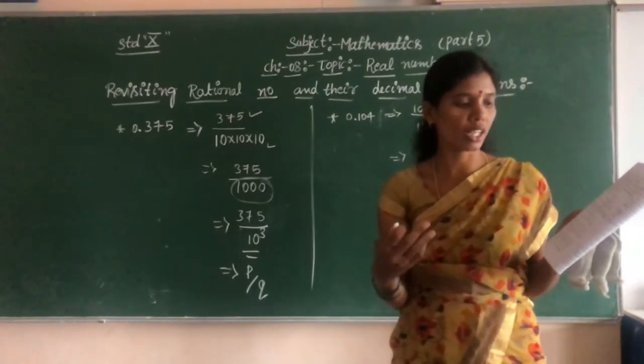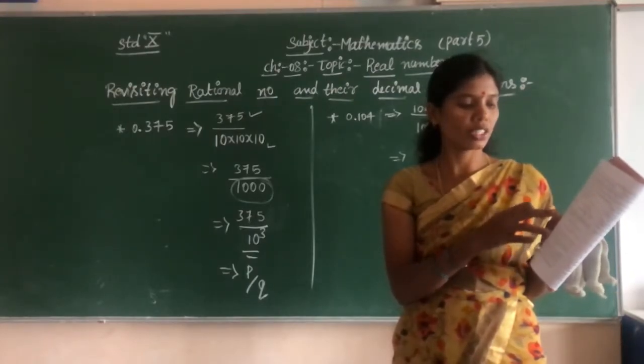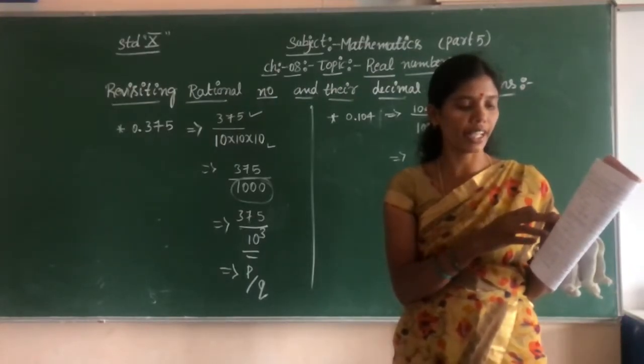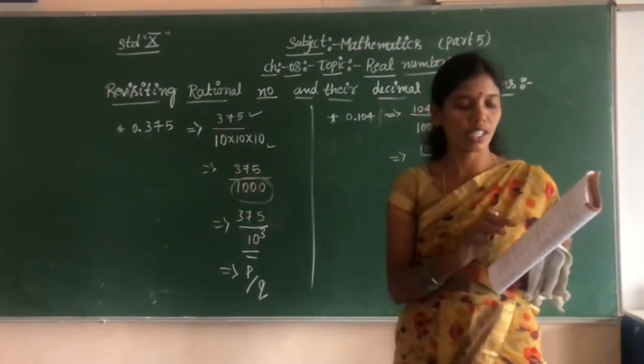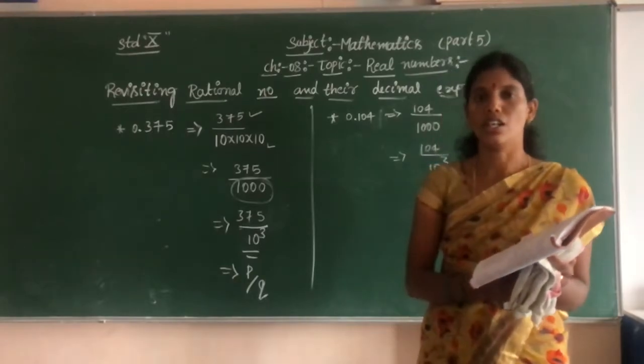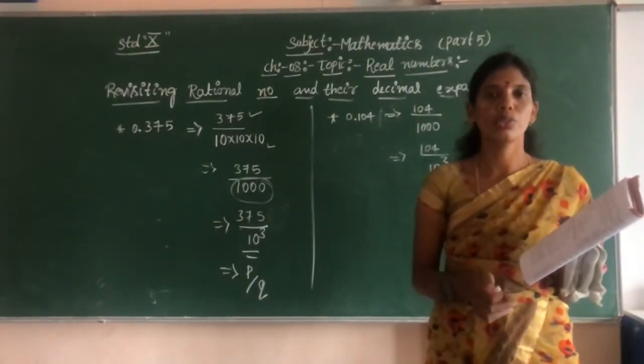Next we shall continue with how to get 0.375 using the factorization method. I will show it using the factorization method. We should still do 3 and 4 at home.